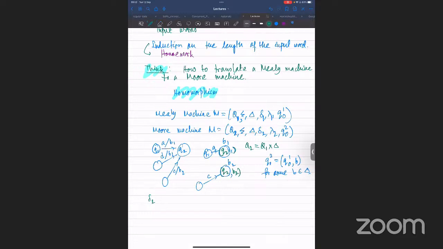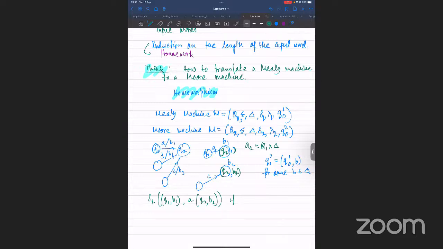Okay, so let's say delta 1 of Q1, comma, let's say B1, and then on A, you would go to Q2, comma, B2, if what?